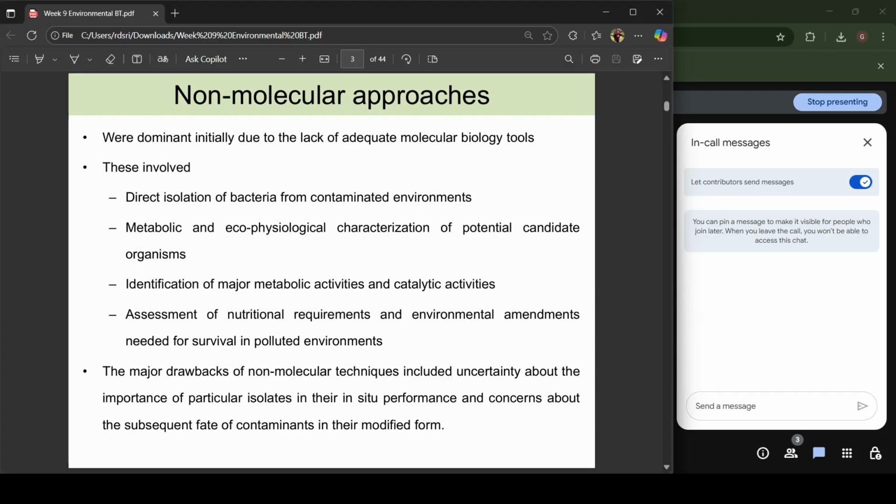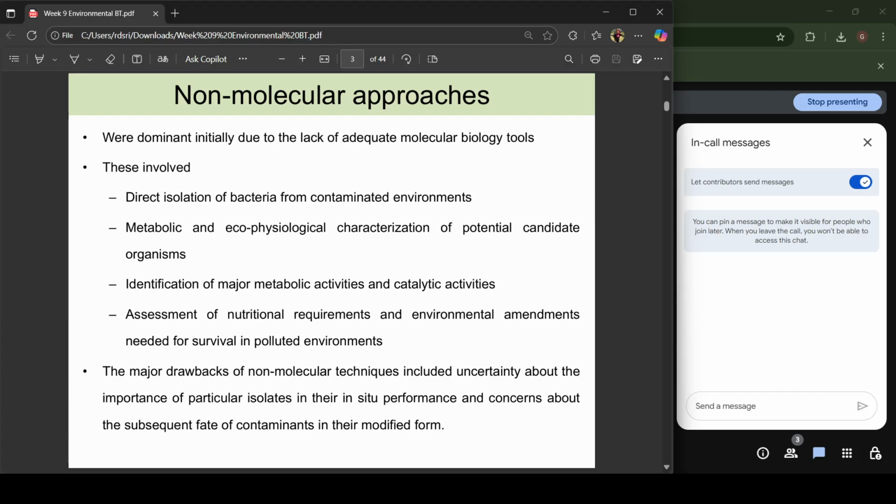The non-molecular approaches involve direct isolation of bacteria from contaminated environments, like people go for some culturing technique. They isolate a particular soil, try to extract the bacterium or the microorganisms, try to grow them in laboratory conditions, which we call culturing, and then study the organism.